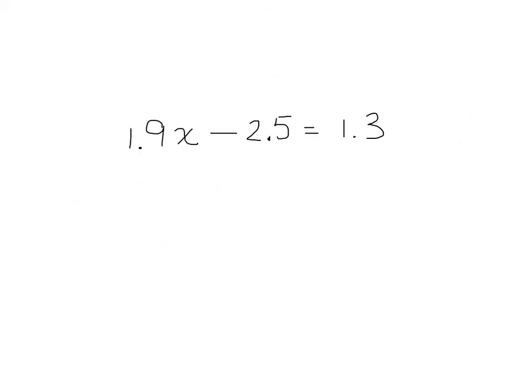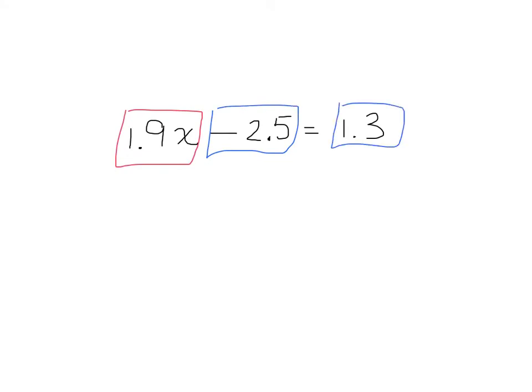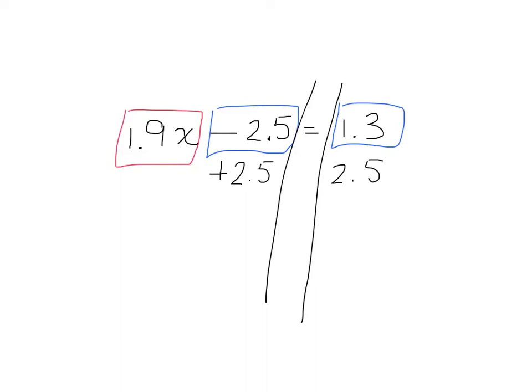Another example, this time with decimals. 1.9x minus 2.5 is equal to 1.3. Once again, think about kind of the dividing line. To undo subtracting 2.5, I'm going to add 2.5 to both sides.